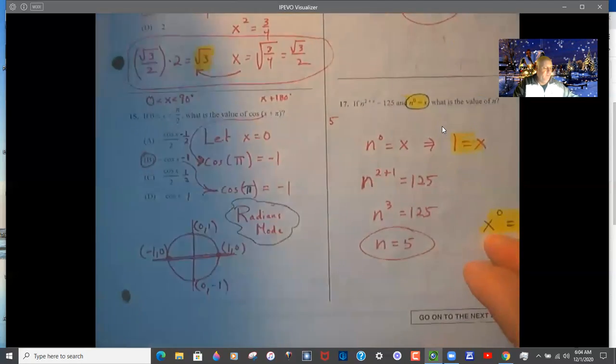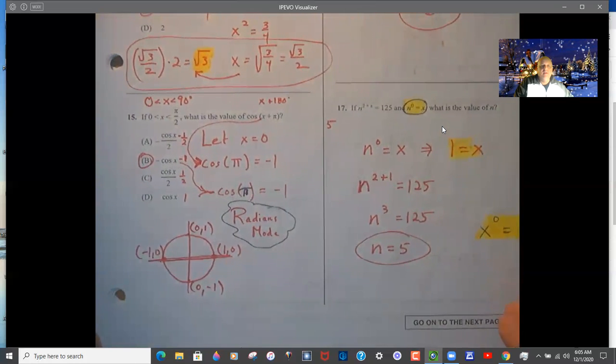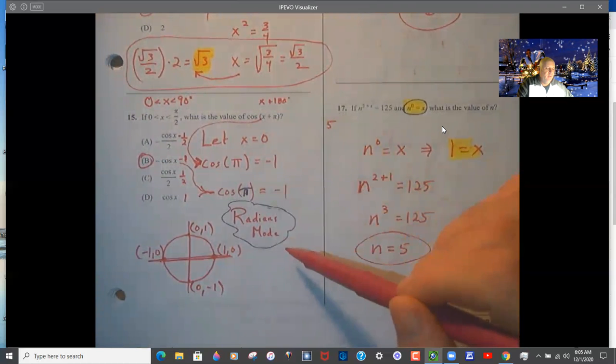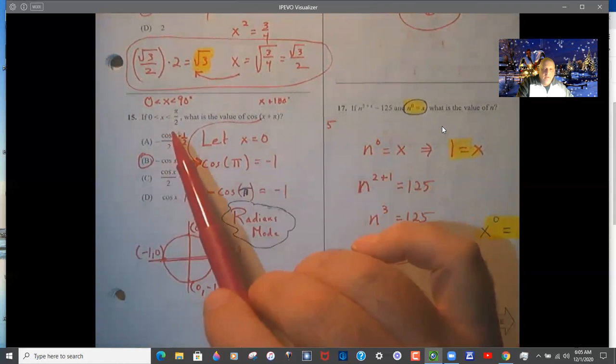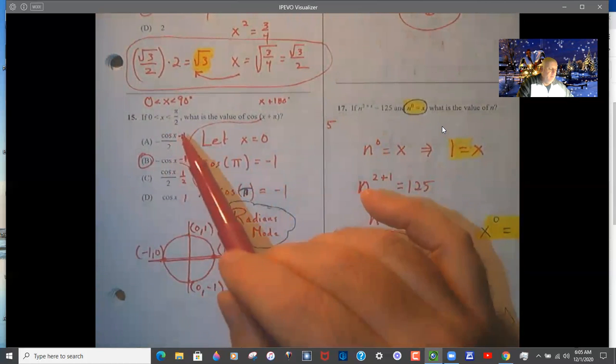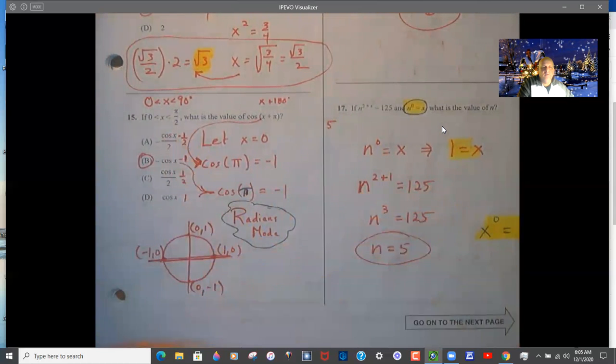Problem 15, this is one of these that I'm going to say don't spend a lot of time on, take your best guess, because if you're not real good with circular trig, you're not going to get this. And I just realized that I broke the rule here. I picked a number, so this is the numbers game because you have variables in your answer choices.